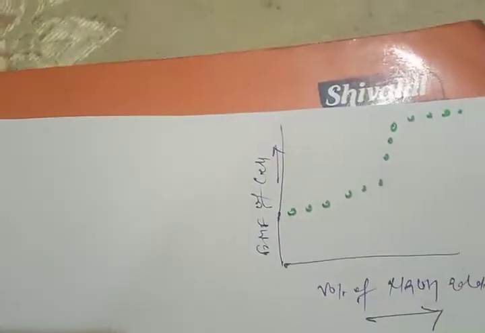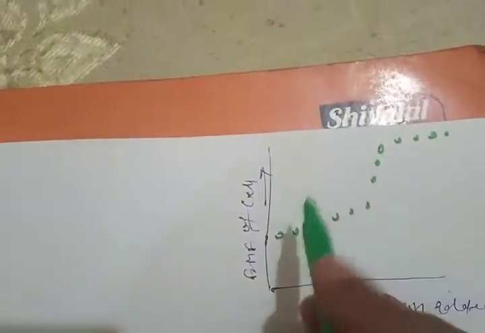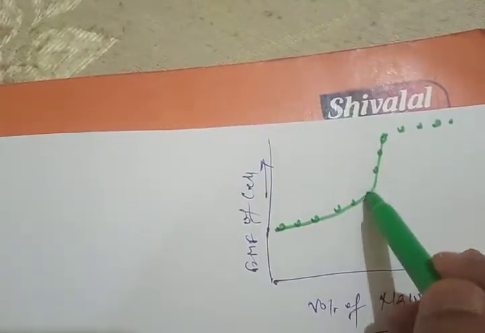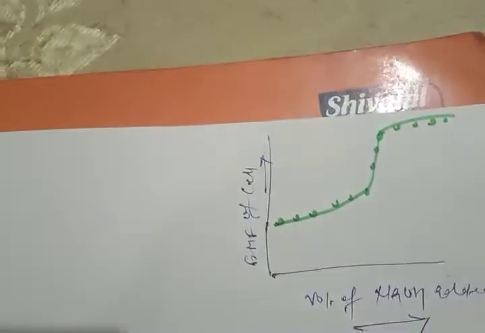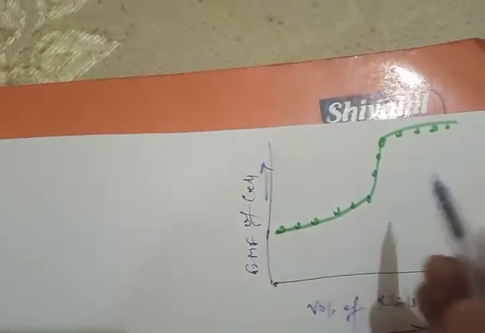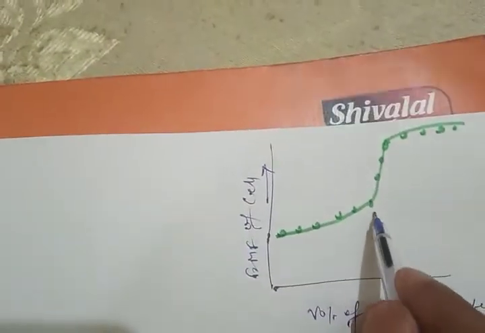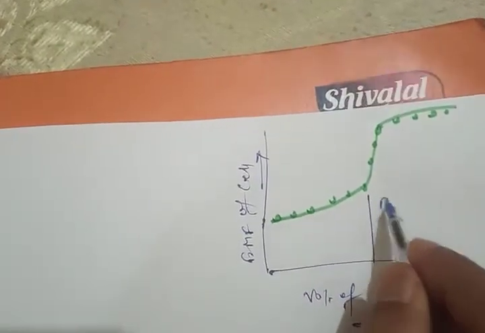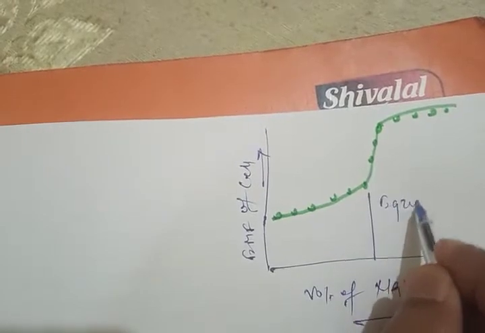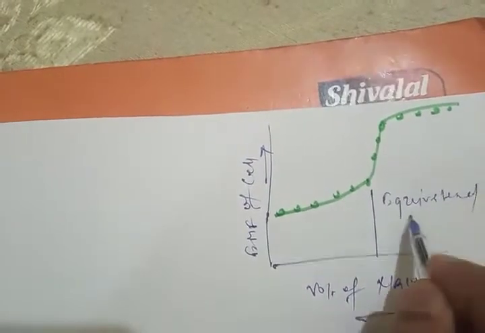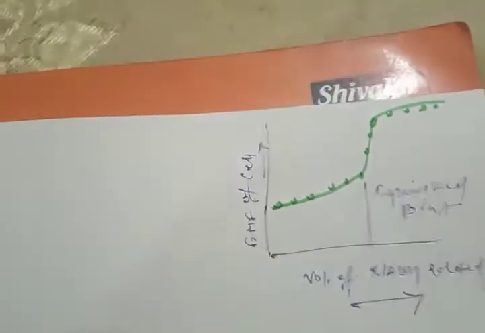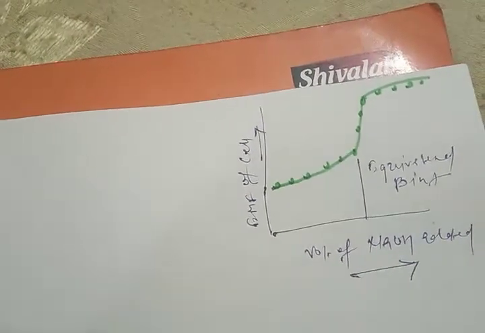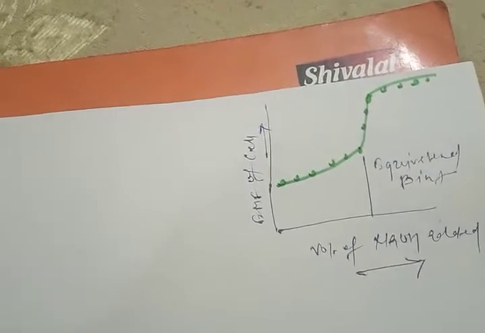This is the change you'll find. When we plot the graph, this is the point where the change is exactly all of a sudden, and this is your equivalence point. This you need to find out.